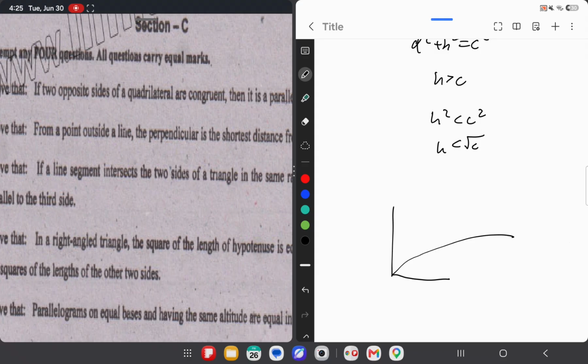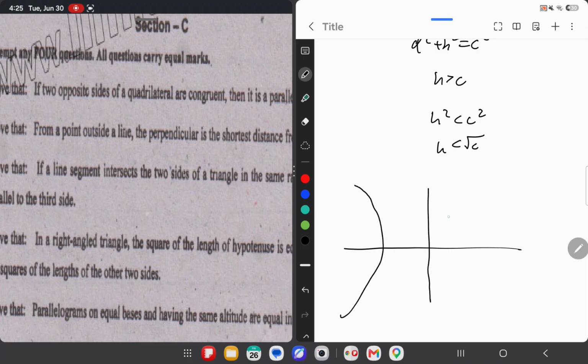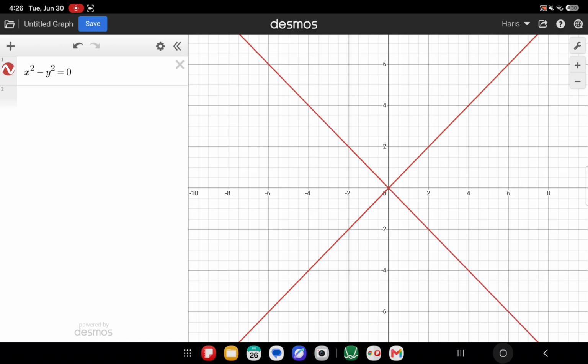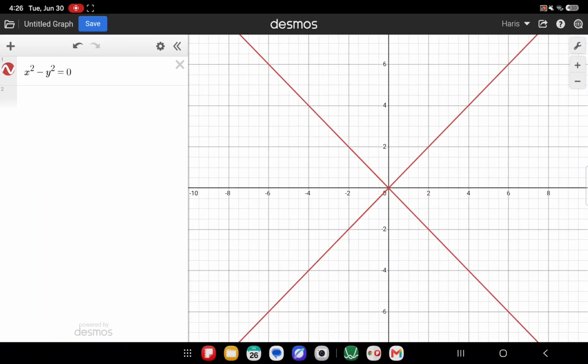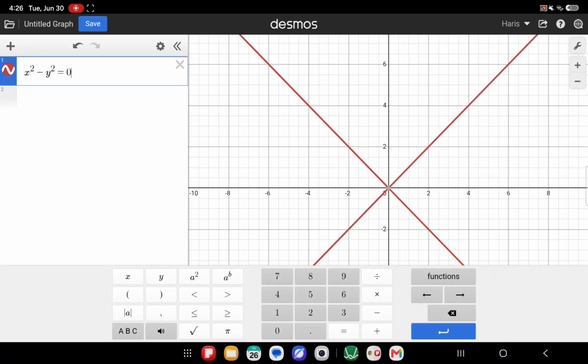But h squared is not a proper function. If we plot h squared plus c squared, then minus c squared is equal to 0, we get something like this. Yeah, like this. It is equal to y squared.